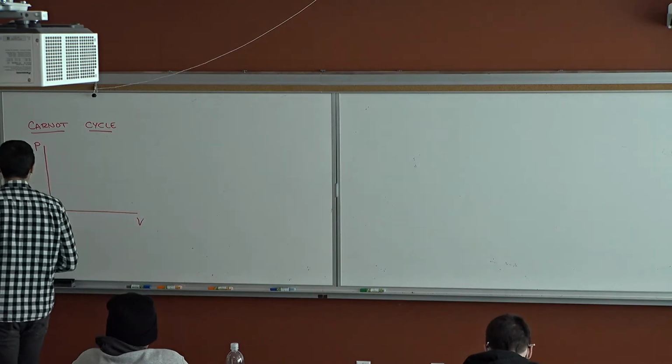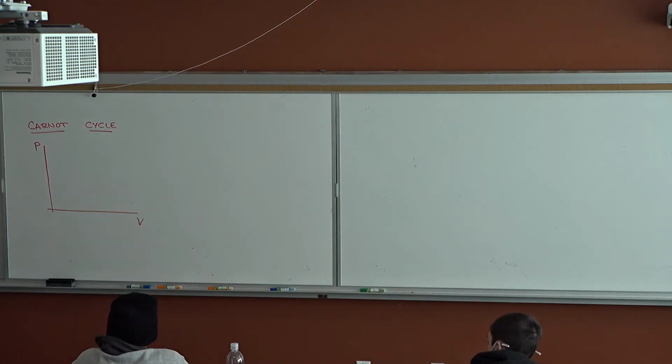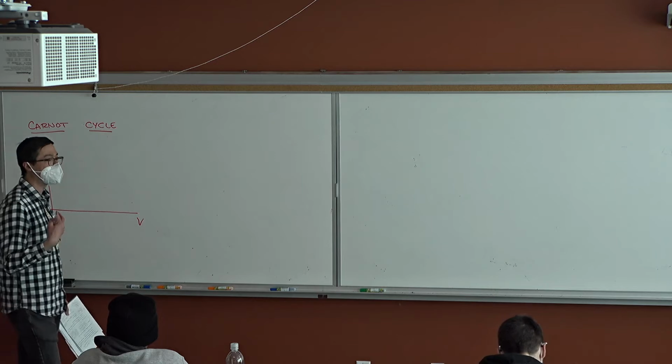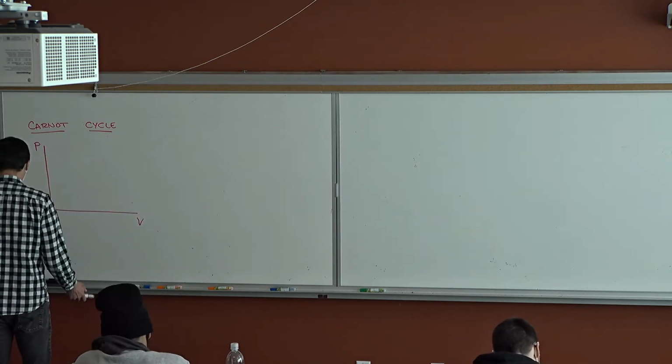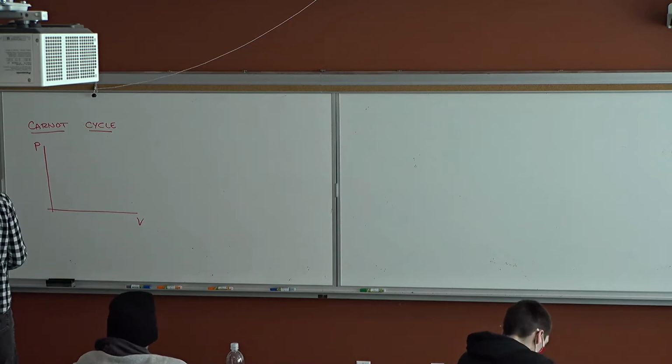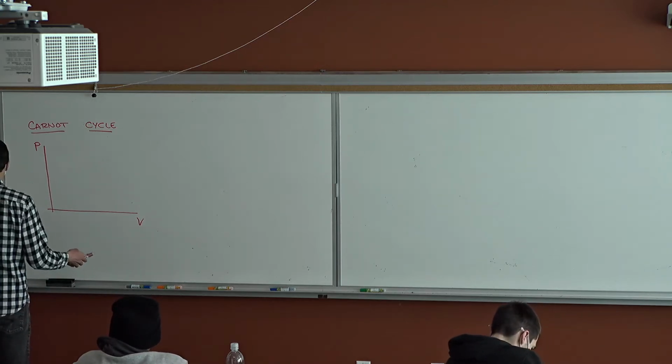On a PV diagram, the Carnot cycle is made up of a pair of isotherms connected by a pair of adiabats, and so I will try my level best to sketch this.